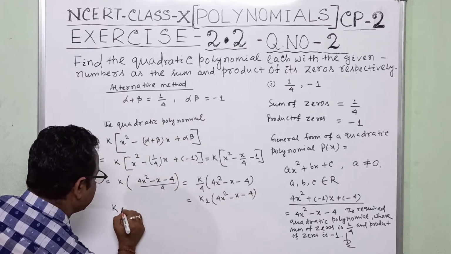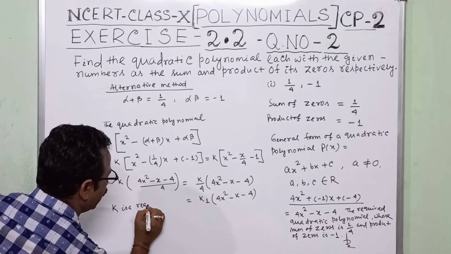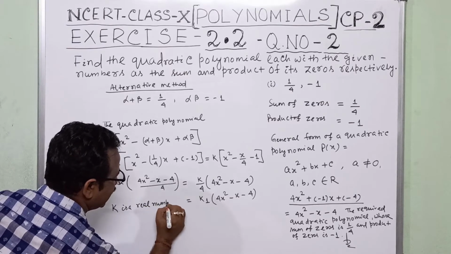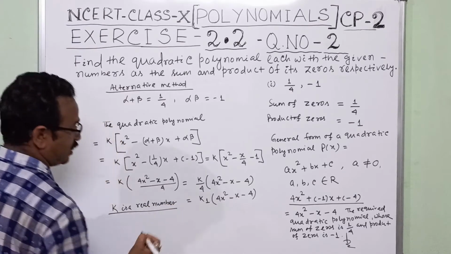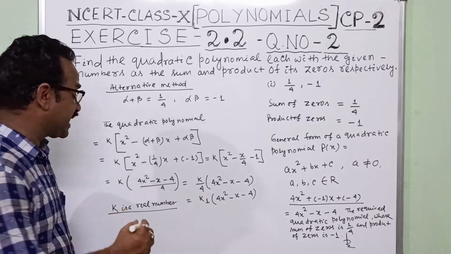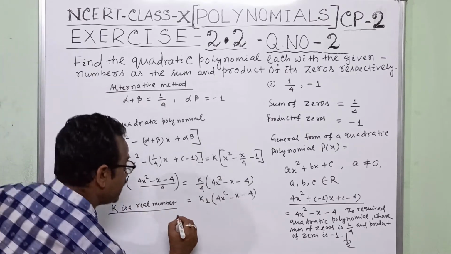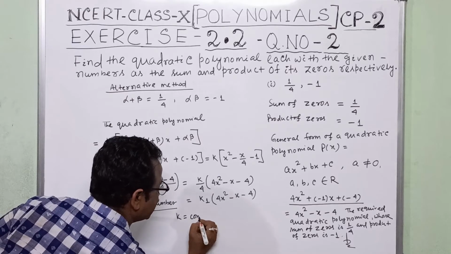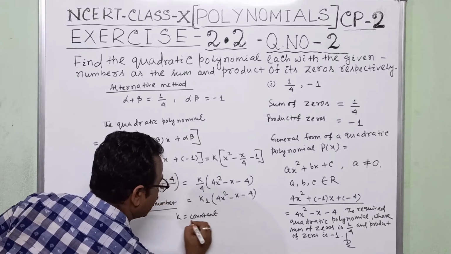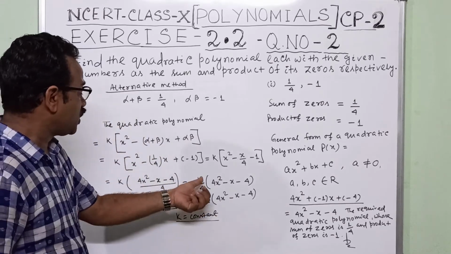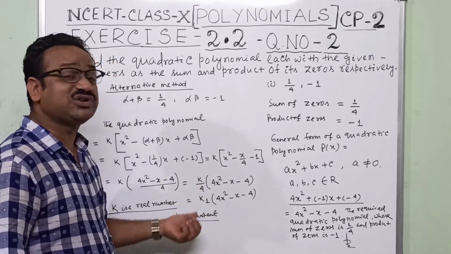K is a real number. K is a constant. So when k by 4 I have taken as k1, that is also a constant.